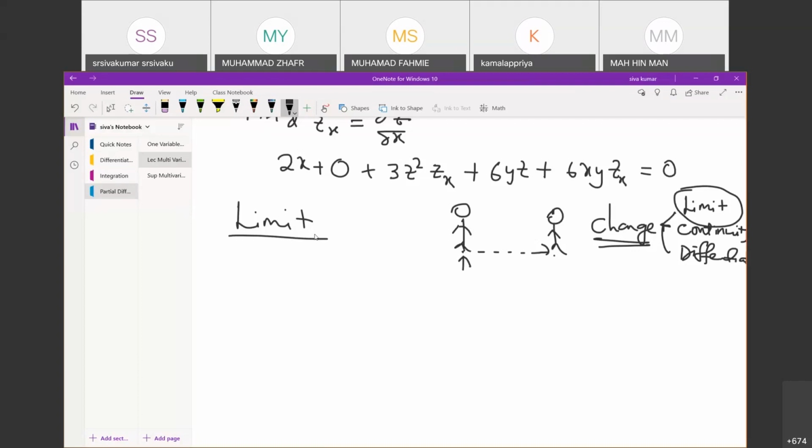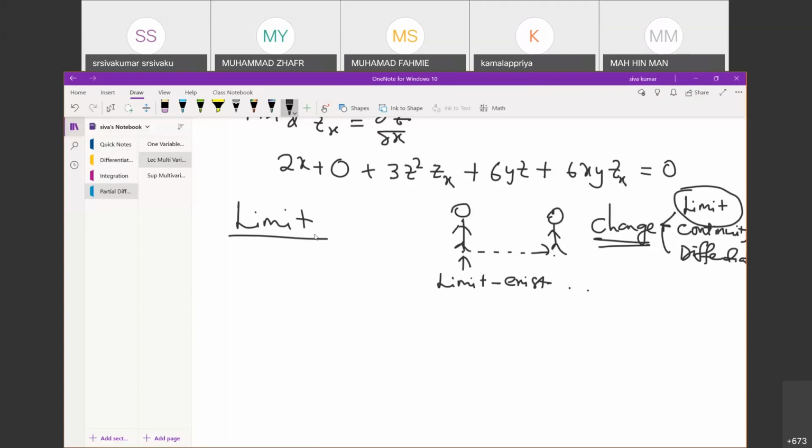Therefore, limit will make sure of the existence. Very important, the existence. Whether any object exists or not.